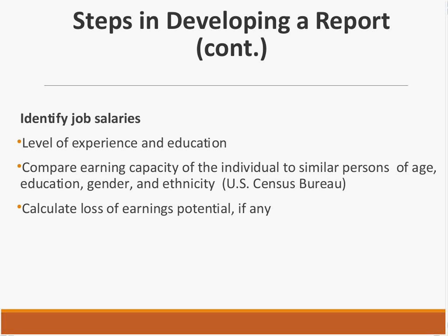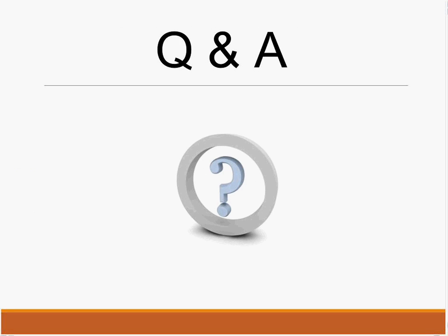And then lastly, what I like to do is also compare an individual's earning capacity to Census Bureau information. And I emphasize Census Bureau information because in Census Bureau information, you're just dealing with age, education, gender, and ethnicity.